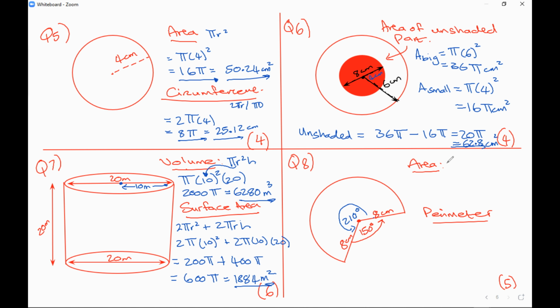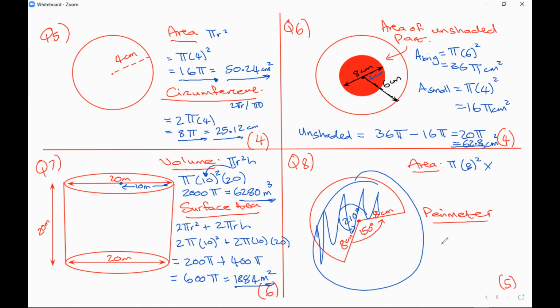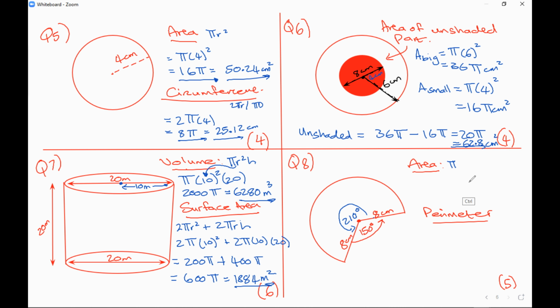So the area here is going to be pi multiplied by radius, which is 8 squared, multiplied by the fraction of 210 over 360, because that will be the same as this over the entire circle. If I get that fraction, 210 over 360, then I'm done. So maybe I should write it first. I'll take 210 out of 360 degrees.